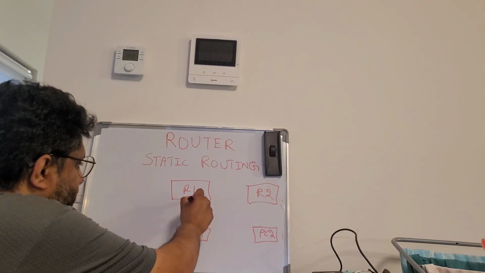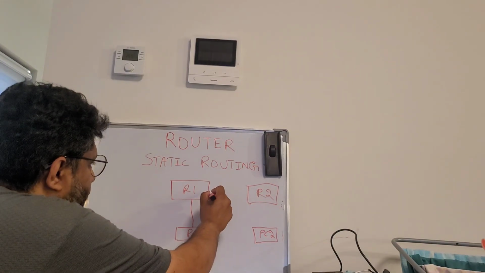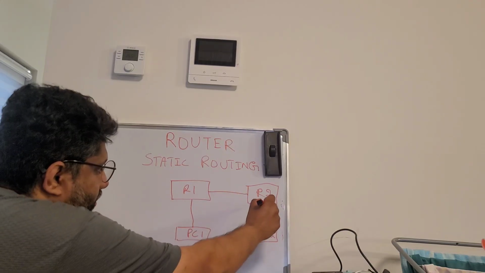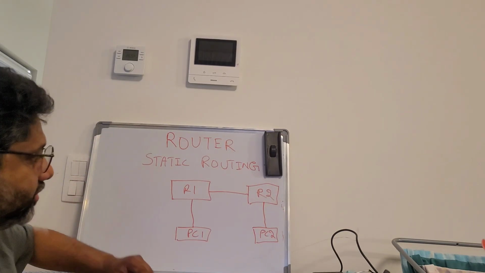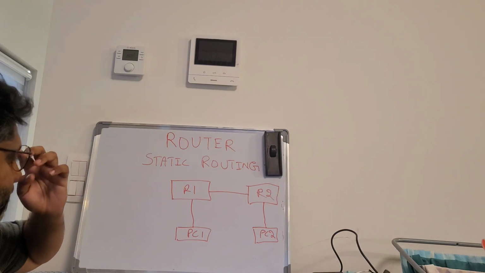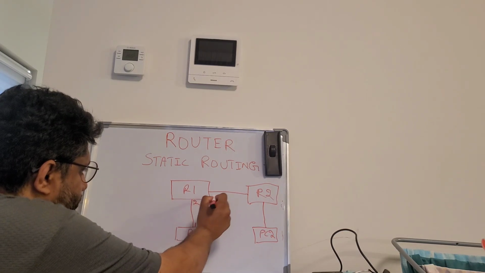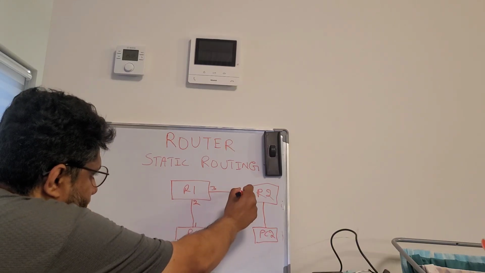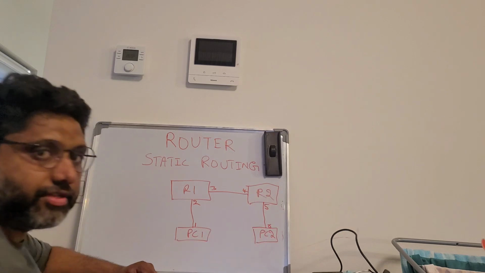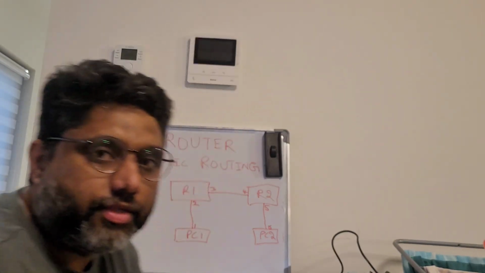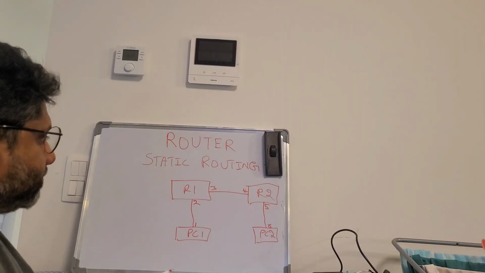PC1 connects to R1, R1 connects to R2, and R2 connects to PC2. Let's number the interfaces: PC1 has 1, this has 2, this has 3, this has 4, this has 5, and this has 6. So there are totally 6 interfaces in this topology.